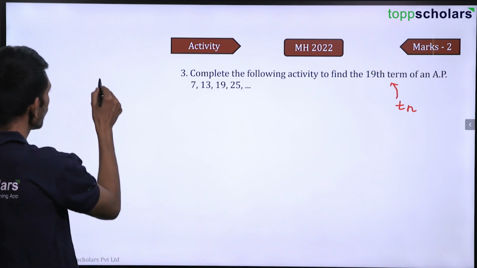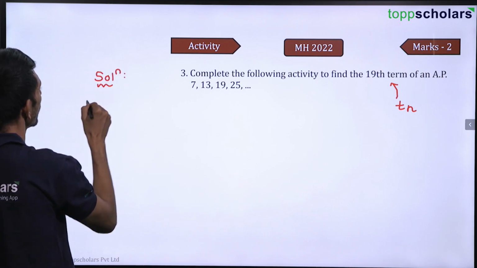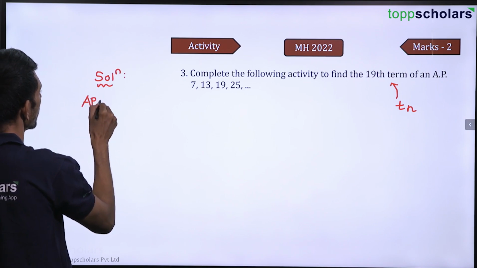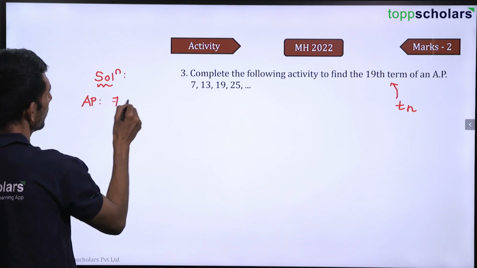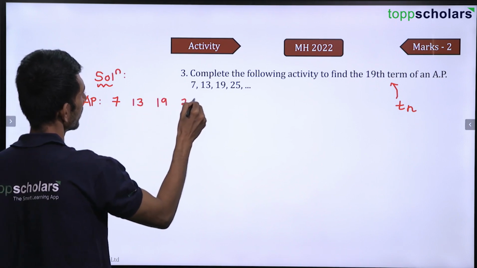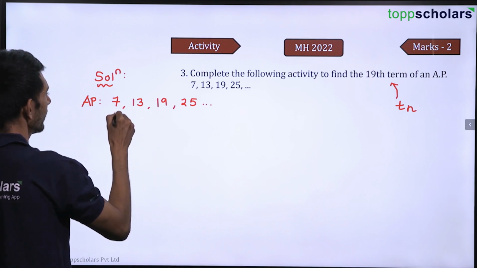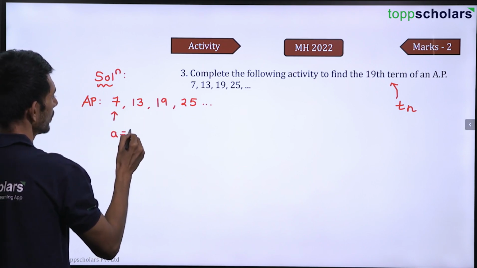Okay, so the AP is already given. What is the AP? AP is 7, 13, 19, 25 and so on, right? So can I say A is equal to 7?